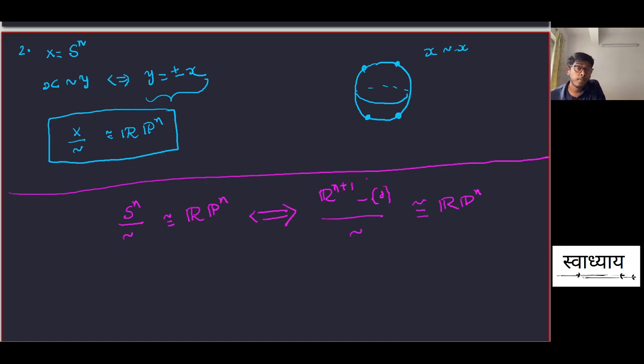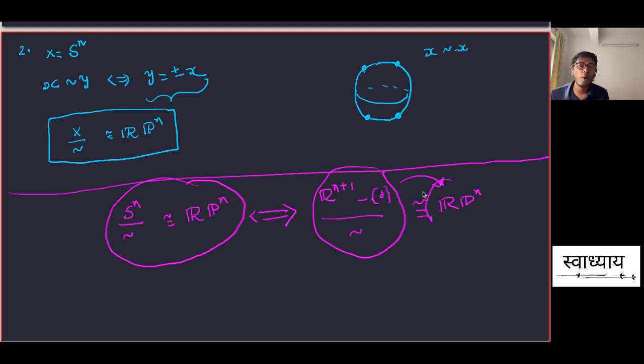If I consider this as my definition, I should be able to prove that this quotient space is my RPn. Although this requires some extra work, so we will see whether we can discuss this or not, but I'll ask some mentors to discuss it if possible. Okay. So these are at least two notions to define the real projective plane. There are other notions, but at least these two we should know.